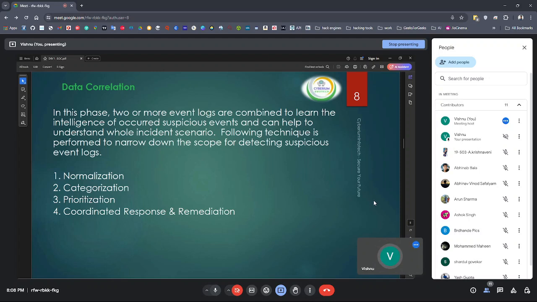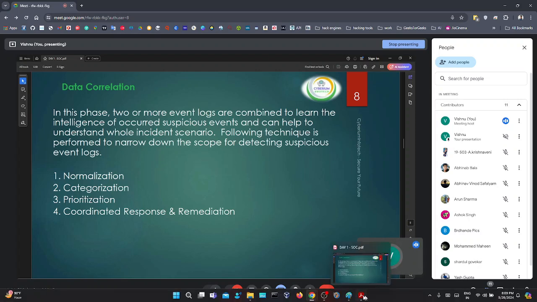Which alert is impactful, critical and needs to be looked at first, that is called prioritization. After that, there is response and remediation. Whether it is an actual alert or a false positive, all the diagnostic events will be filtered out to eliminate false positives, and only real alerts will remain so that we can remediate the real incidents before they lead to big damage. So this is called data correlation.